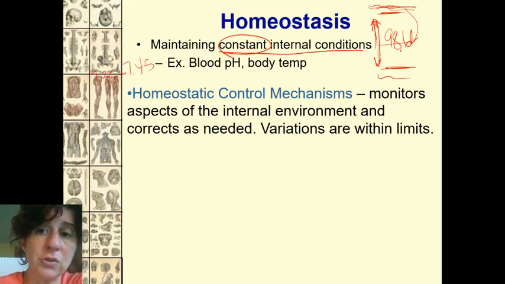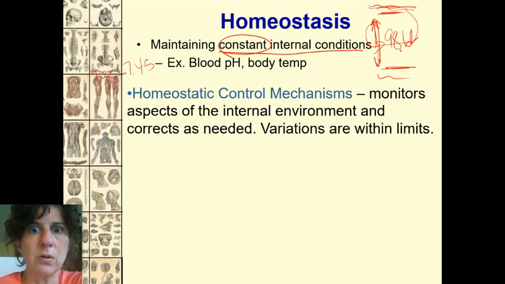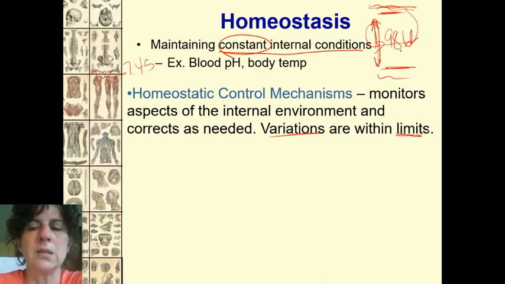Then I make a little change and get back down to normal before it gets out of control. So you have all kinds of little monitors around your body that constantly make little checkpoints. Are we good? Are we good? Nope. Do I need to make a change? Do I need to tweak this a little bit, get back to normal so that you're not going outside whatever limit your body can handle?